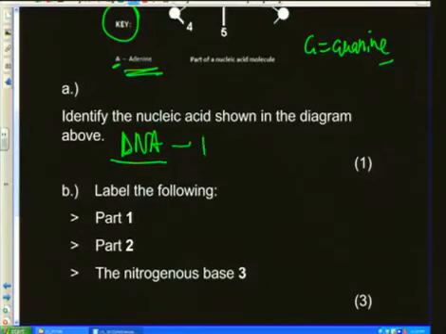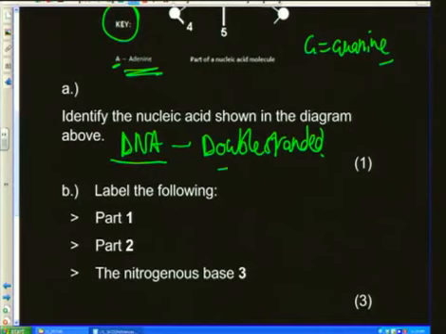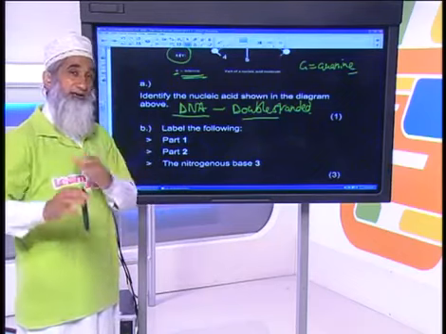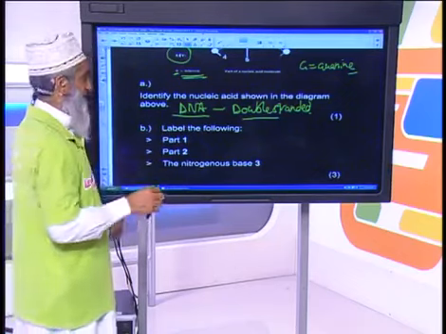So it's double-stranded. This is not part of this answer, remember. I'm only giving this as an extension to this question. If they ask you, how do you say that this is DNA? Okay? And you've already done RNA, so you understand what I'm saying.